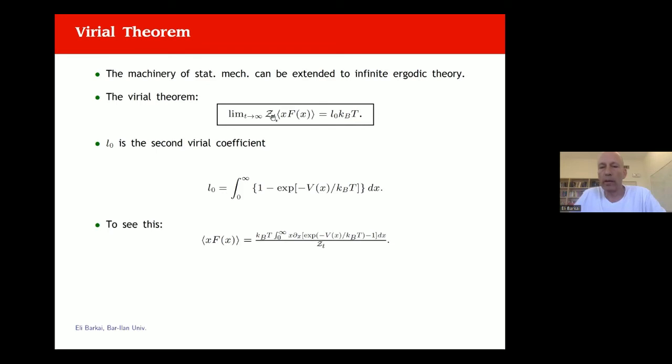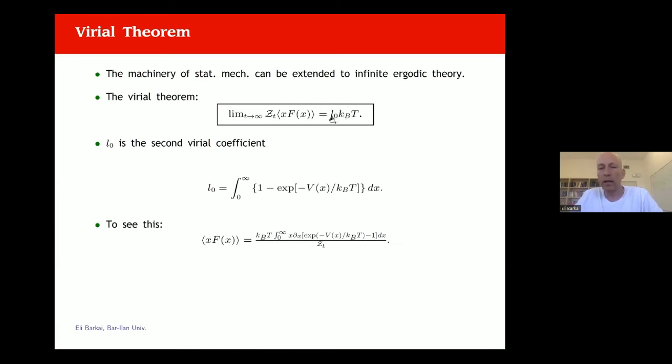This is going to be the assumption. So this observable is an integrable observable. You calculate it with these non-normalized states. Here I multiply this by Z(t), the normalization, so to say, and I get this expression, that this is proportional to k Boltzmann T times this L0.